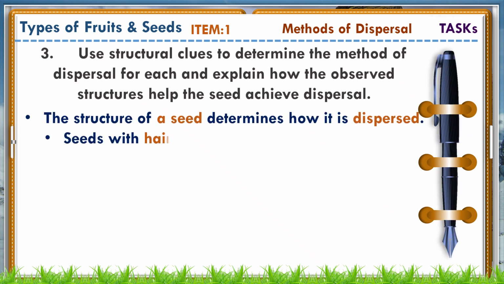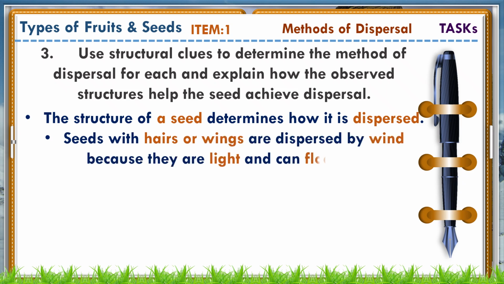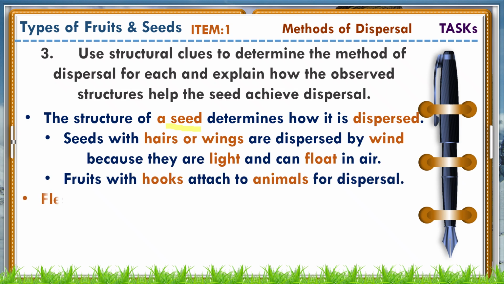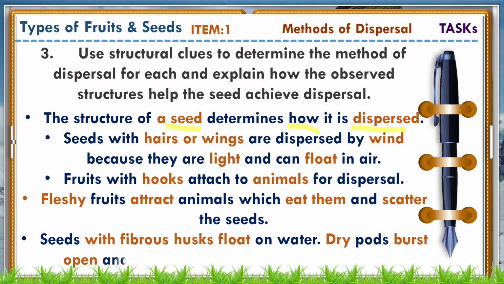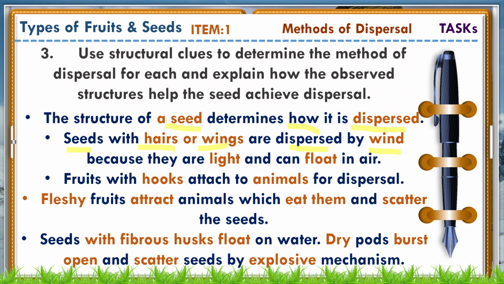In brief, the structure of a seed determines how it is dispersed. Seeds with hairs or wings are dispersed by wind because they are light and can float in air. Fruits with hooks attach to animals for dispersal.